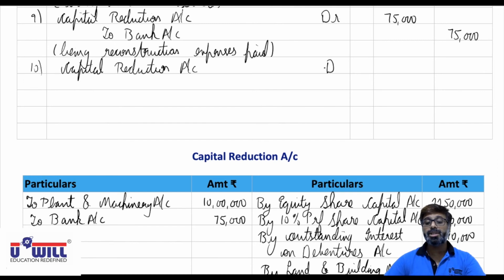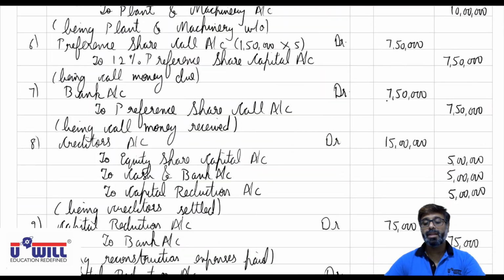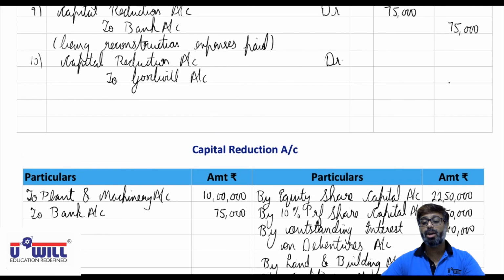So capital reduction account debit, to goodwill account, whatever assets are written off, that is 3 lakhs, to profit and loss account 26 lakh 40,000.